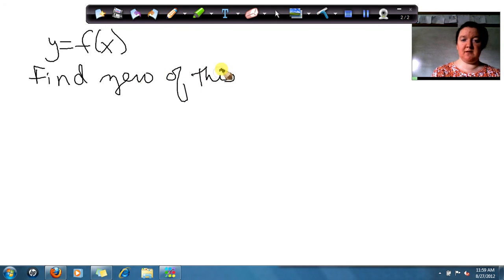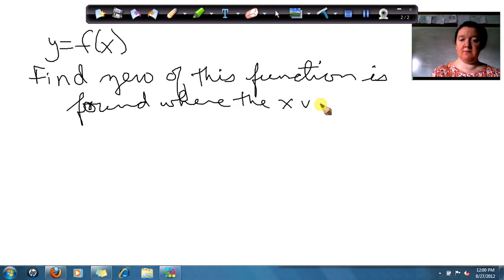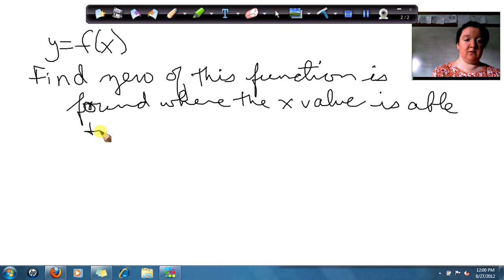The zero of this function is found where the x value is able to make the function equal to 0.